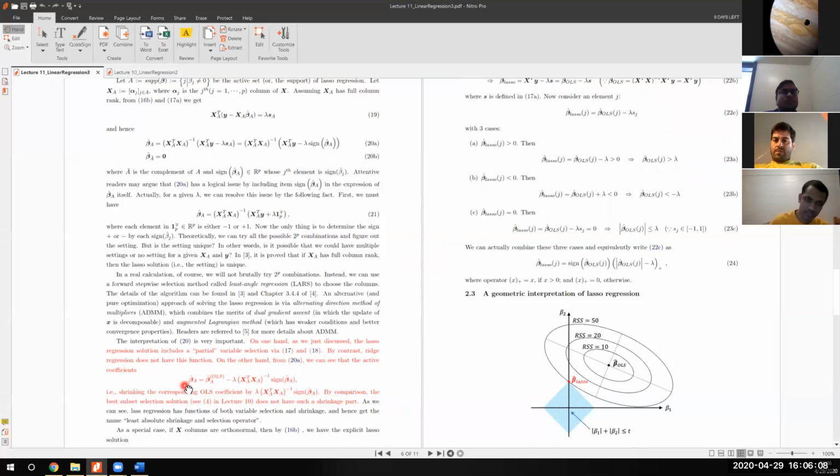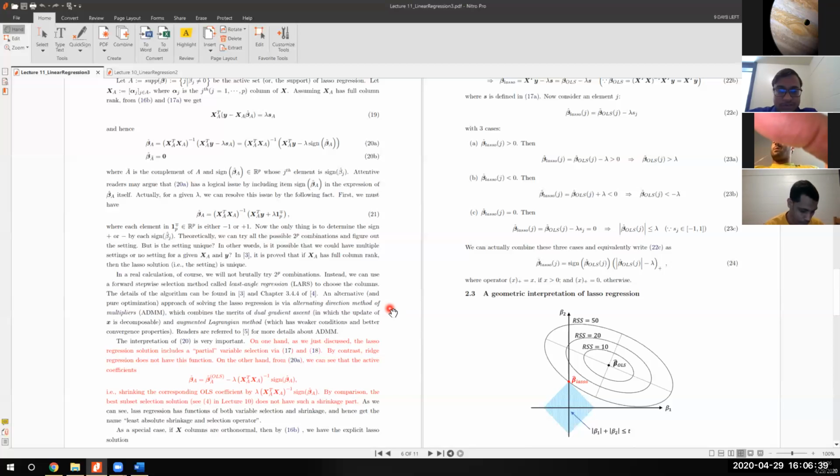For example, Mahbouba, can you use about 30 seconds to introduce what ADMM is? I cannot remember the full name. Alternating direction method of multipliers. Yes, Mahbouba. So ADMM is a method that can be used to solve optimization problems. Generally in optimization problems, we have one function.